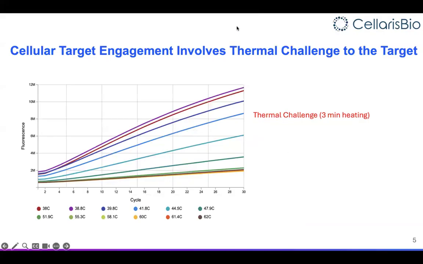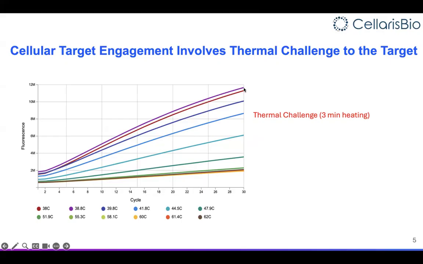For cell target engagement, it involves a thermal challenge or heat being applied to the cells expressing the target. So in this case, where we have a microtag target expressed in cells, looking at increasing the temperature, starting at about 38 degrees, increasing the temperature up to about 62 degrees.